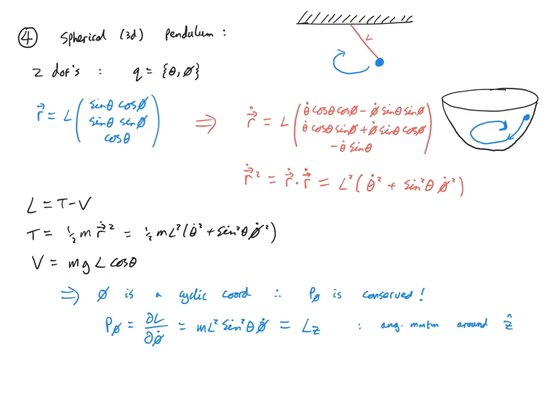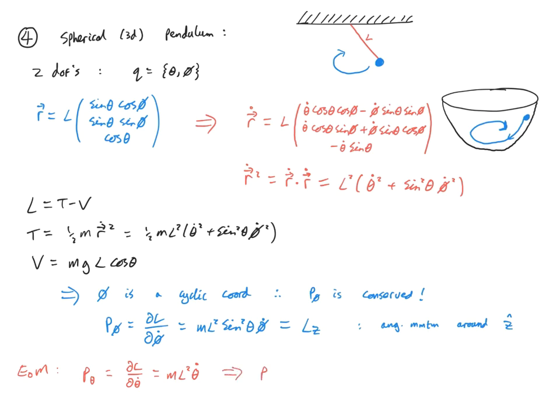But what about in the theta coordinate? Here we can actually calculate the Euler-Lagrange equation of motion. So let's go ahead and do that. Let's look at p theta first of all. That's dL by d theta dot, which is simply ml squared theta dot.